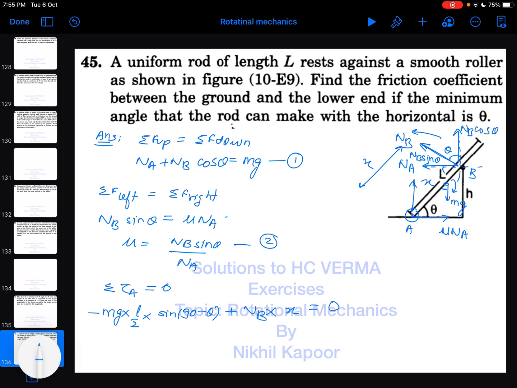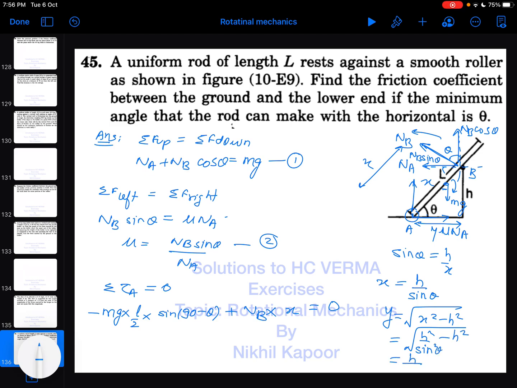As theta is known to us, I can apply sin theta is equal to h upon x. So x would be equal to h upon sin theta, and this side will be y. So y comes out to be under root x square minus h square. So that would be under root h square upon sin square theta minus h square. So h in bracket, h upon sin theta into cos theta, that is the value of y.